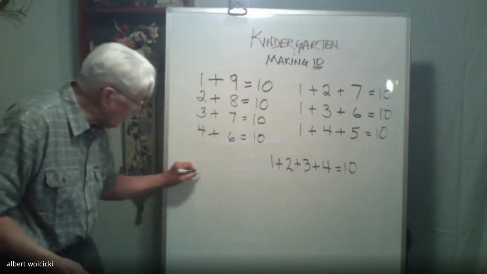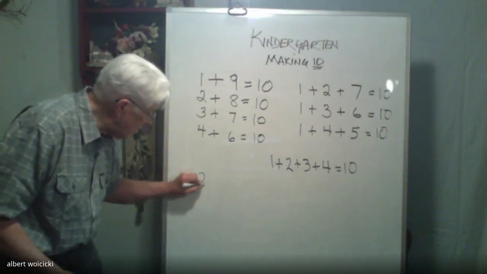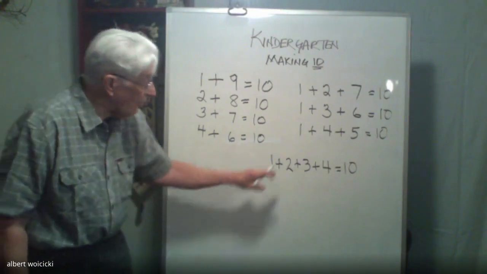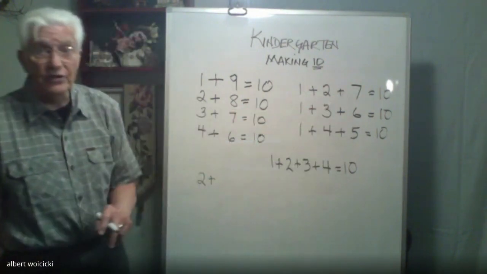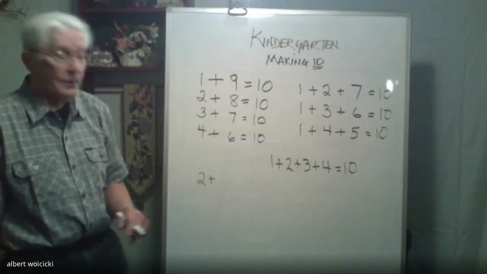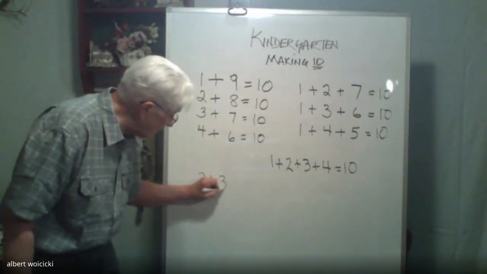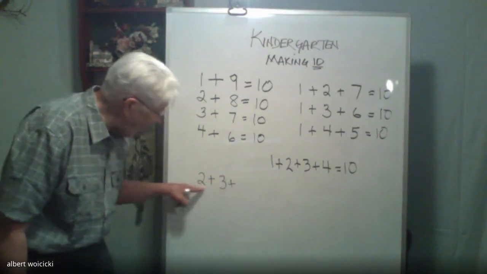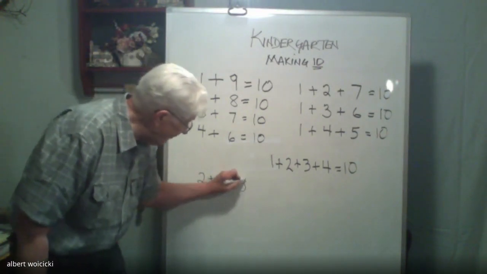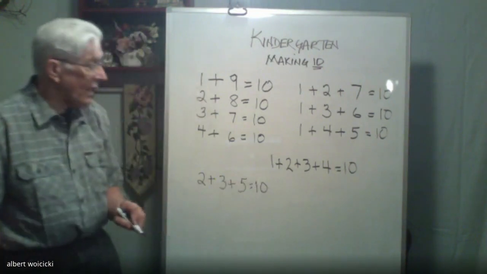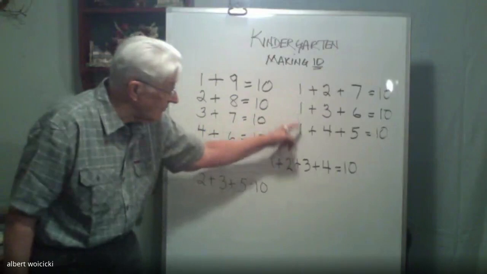So we could start with 2 plus, and let's say we wanted 3 digits. We can't use the same digit, so 2 plus 3 plus 5 equals 10. Okay, and that's different than these 3.